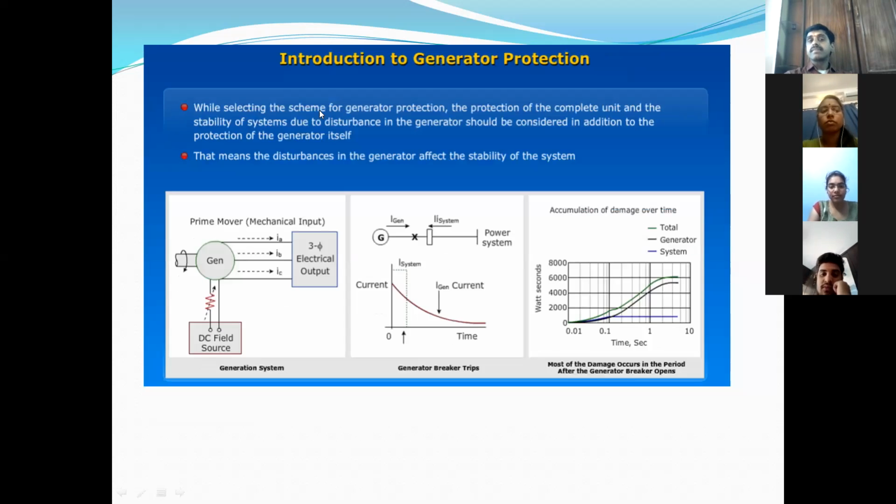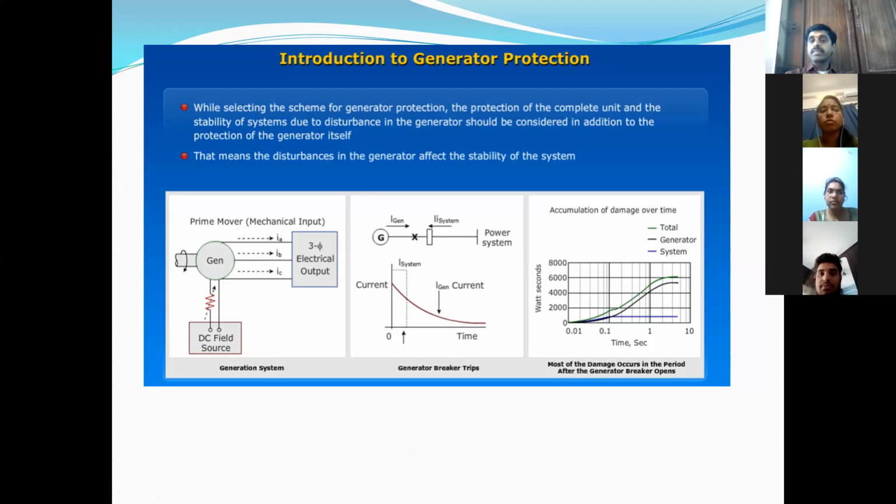While selecting different schemes for stator protection and rotor protection, the protection of the complete unit, meaning the generator along with all other accessories, and the stability of the system due to disturbance in the generator should be considered. Stability is a very important concept. Stability means that before the fault and after clearing the fault, we should get back the original conditions.